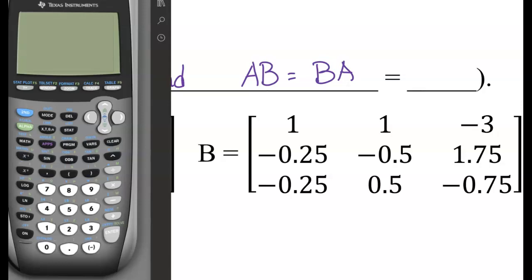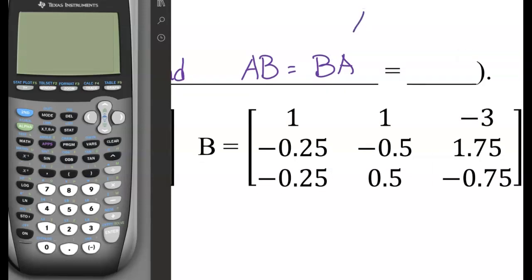If they are inverses, multiplying inverse matrices will produce what? So remember, it's kind of like this, right? These are inverses of each other.